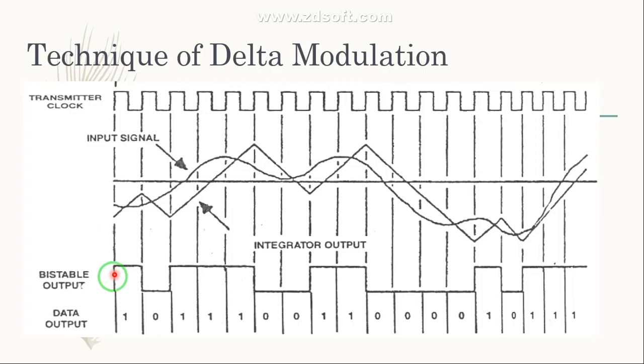Now at t equal to 0, at this instant, we are going to find that the integrator output is lower than the analog input. Then this causes the voltage comparator output to go high, that is logic 1. Then this data is latched in the D flip-flop at the rising edge of the transmitter clock.